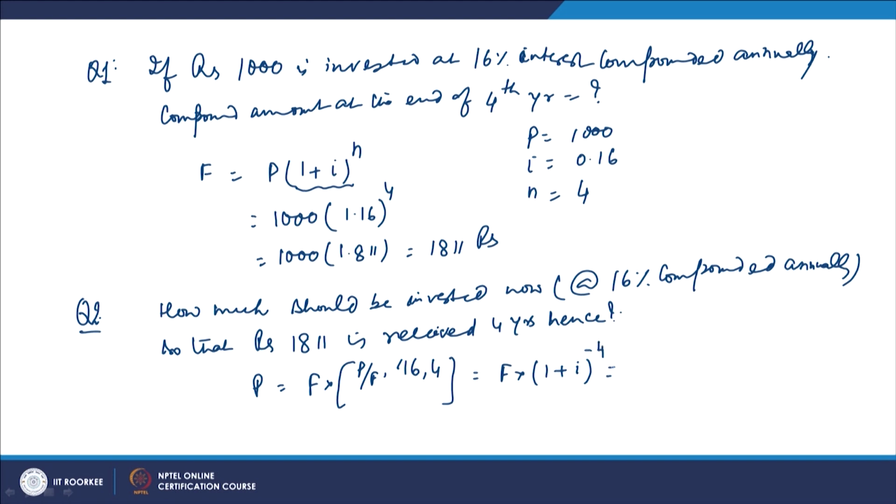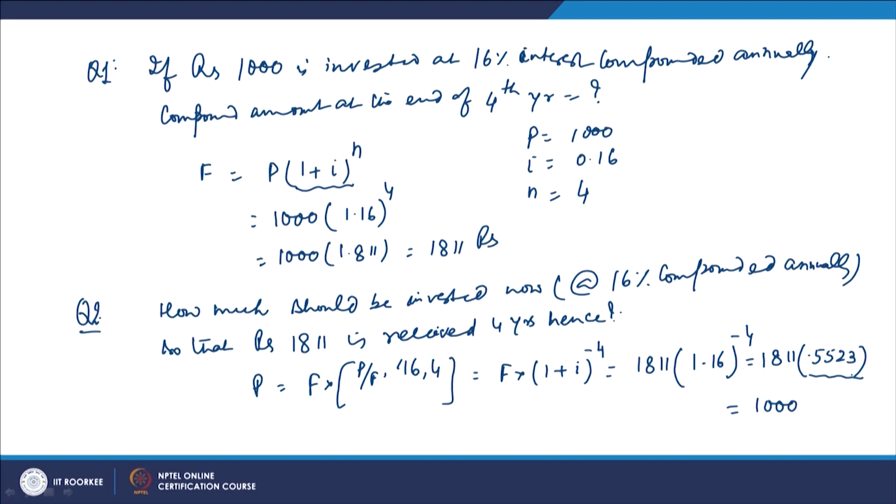F is given as 1811, and this is 1.16 raised to the power minus 4. Now, 1.16 raised to the power minus 4 comes out to be 0.5523, and 1811 multiplied by 0.5523 comes out as 1000. That is what you get.